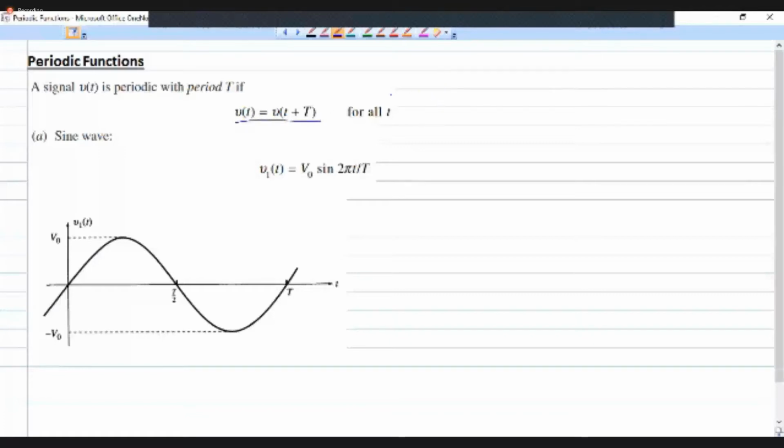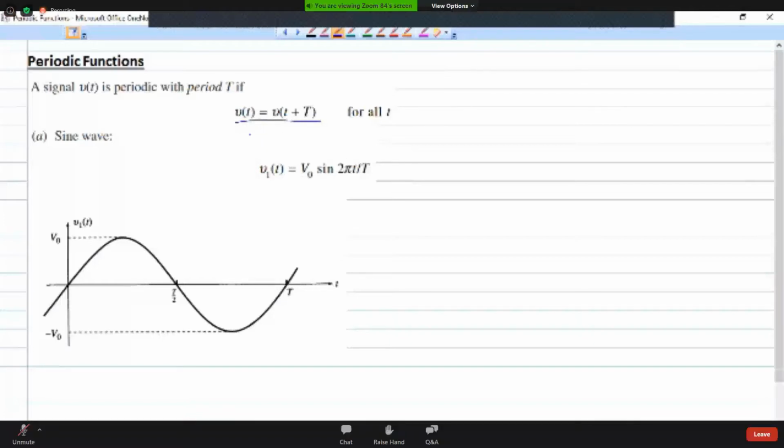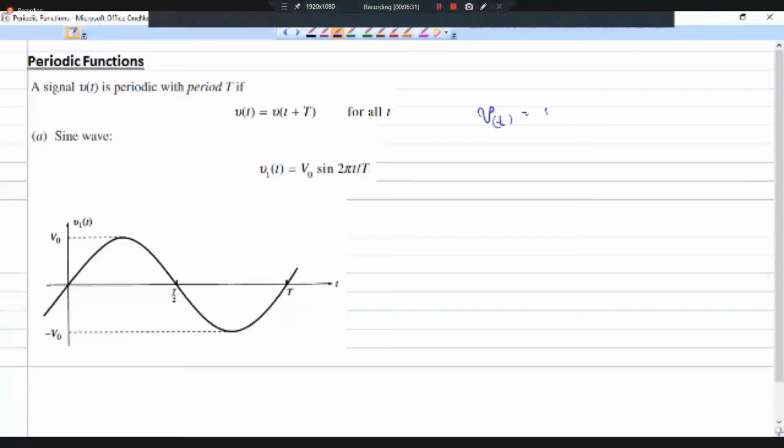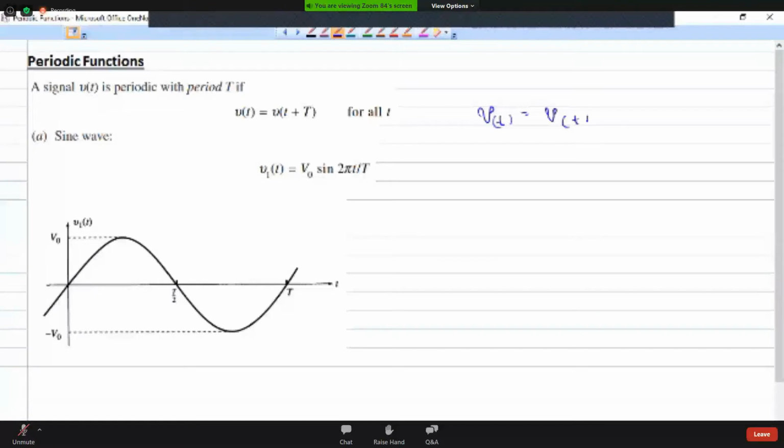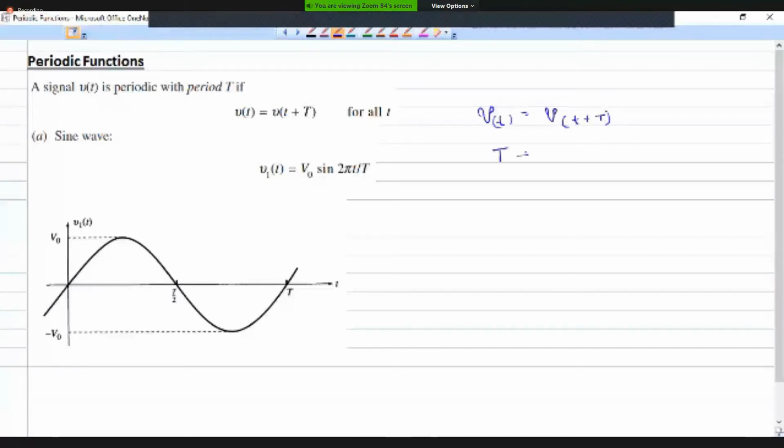A voltage V of t, or a signal V of t, is said to be periodic if we can write that function V of t as equal to V of t plus some capital T, where T is called the time period of this signal. If we can represent any signal like this, then they are called periodic signals. If it is a function, then it is called a periodic function.